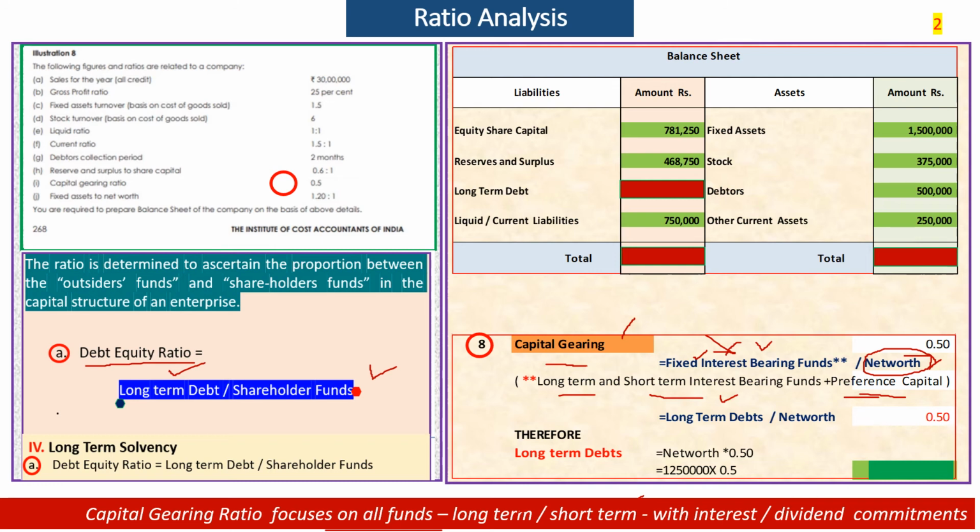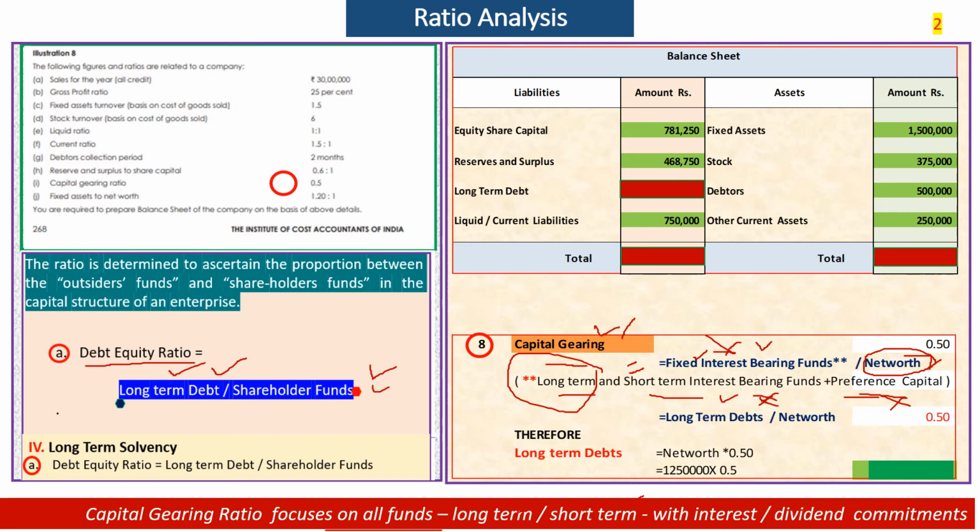And if preference capital is not there, if short-term interest-bearing fund is not there, if it is only long-term fund, then fixed interest-bearing funds becomes long-term fund divided by net worth, which is nothing but long-term fund divided by shareholder fund.